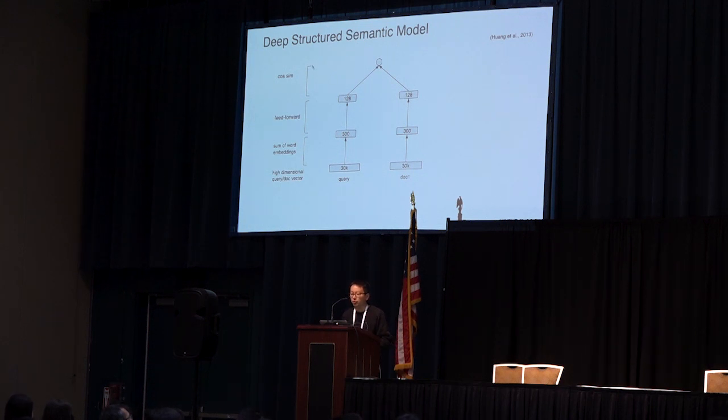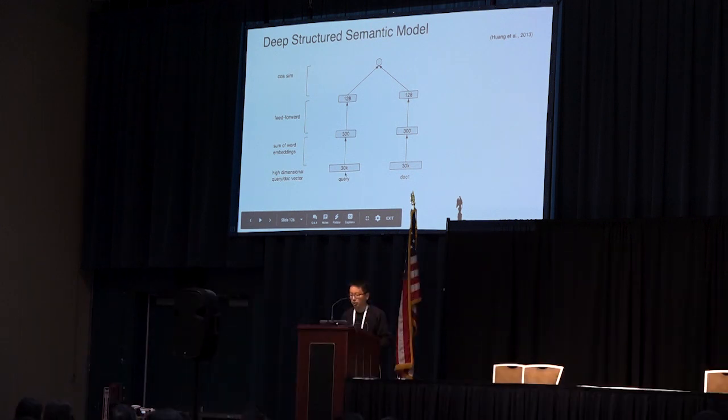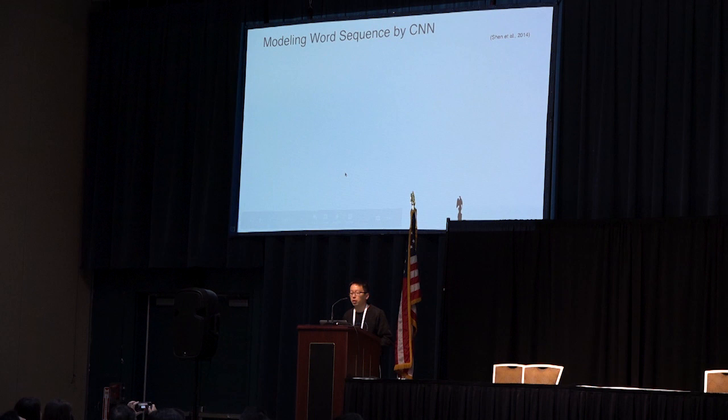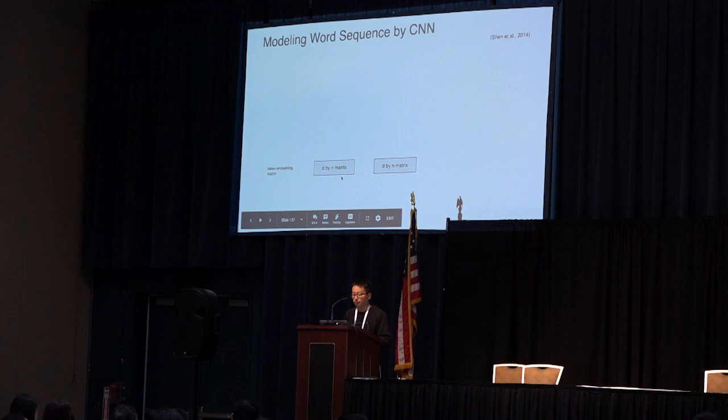One weakness of this approach is it's using the bag of words representation here, and the word sequence is not considered. So the next work proposed to use CNN to model the word sequence. Now the input becomes different.